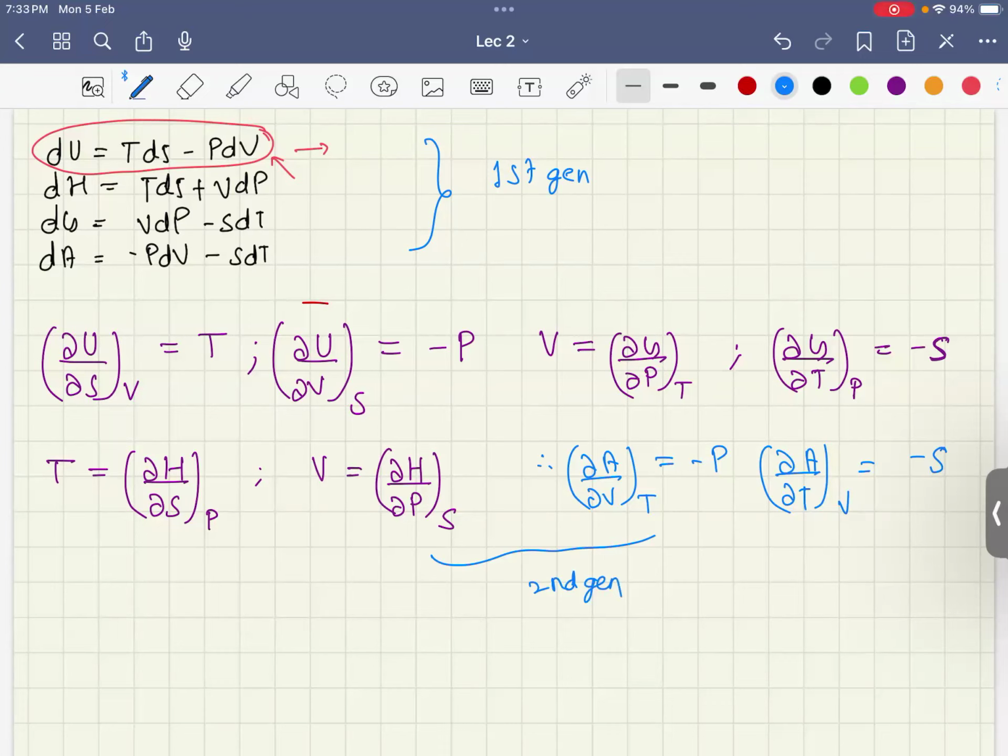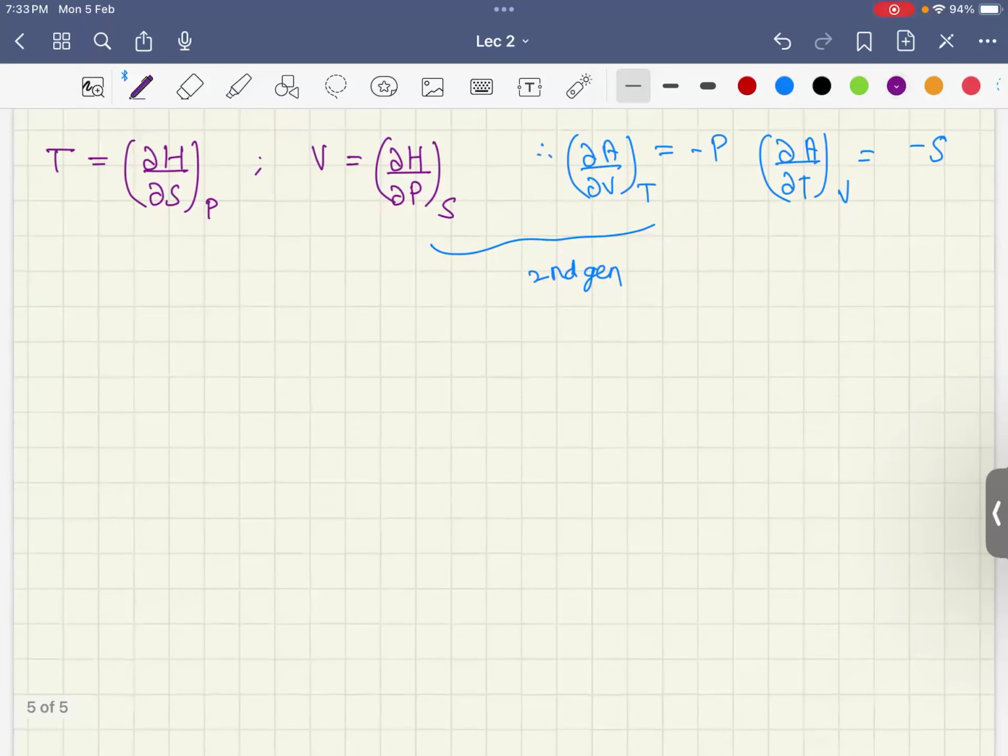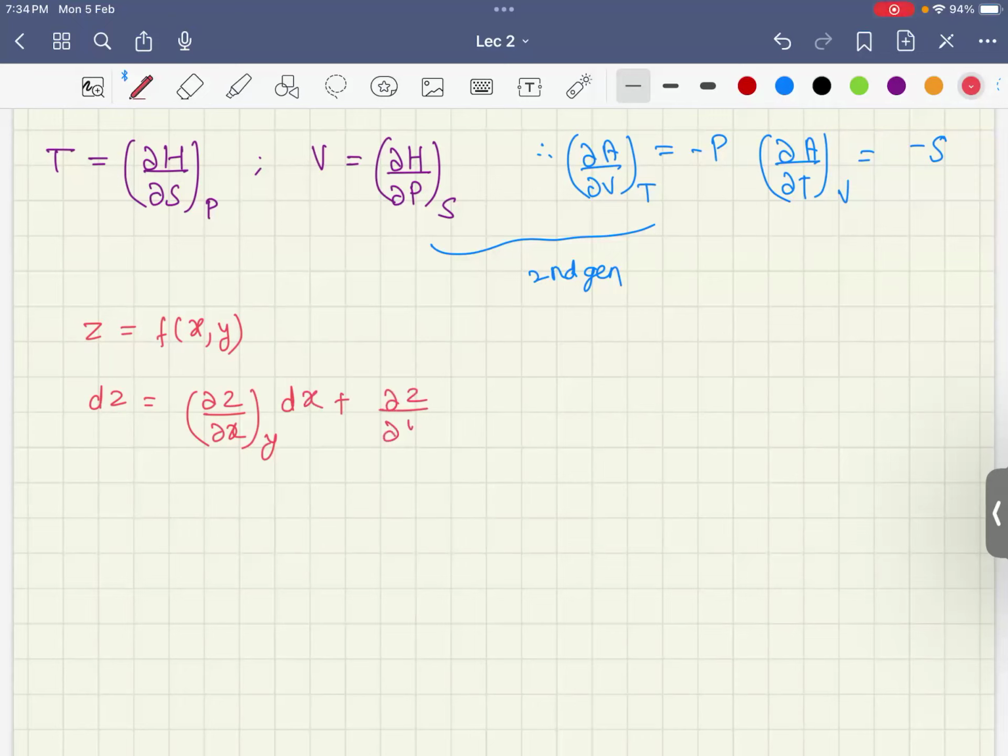Now again we will go to mathematics, which is like a language of science. Whatever we want to say, we can write in terms of mathematics. There is a theorem in mathematics. If I'm writing z as a function of x and y, then dz is del z del x at constant y dx plus del z del y at constant x dy.